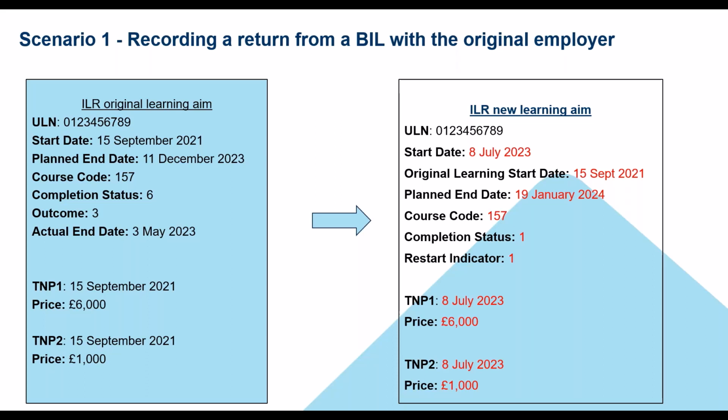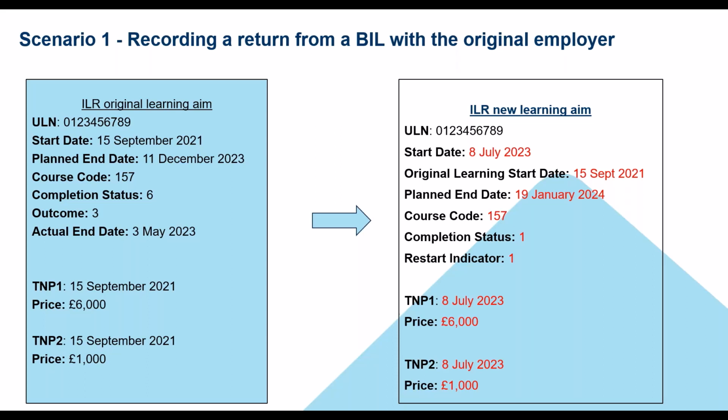And it's worth saying here that just because there's been a break in learning, the cost for that entire apprenticeship hasn't changed. We do see in this scenario that some providers try to record the remaining costs in a TNP3 and TNP4 record, or sometimes they record those remaining costs in a TNP1 and TNP2.